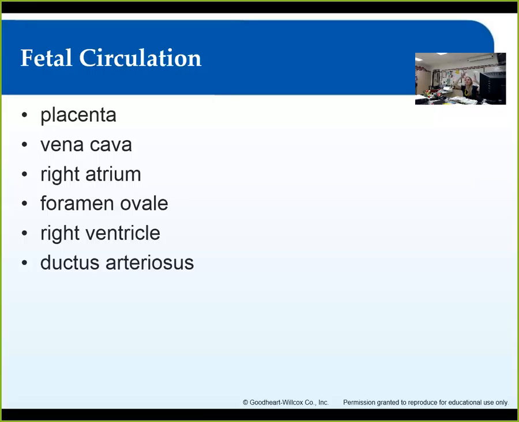Because normally the right side of the heart is deoxygenated blood, and then it heads to the lungs and picks it up and comes back down the left side. Well, we don't want it to go through all that because it needs the oxygen. So it bypasses the lungs, not all of it, but a lot of it, and just skips on over to the left side of the heart so that it can be pumped to the body. Okay, so that's the foramen ovale.